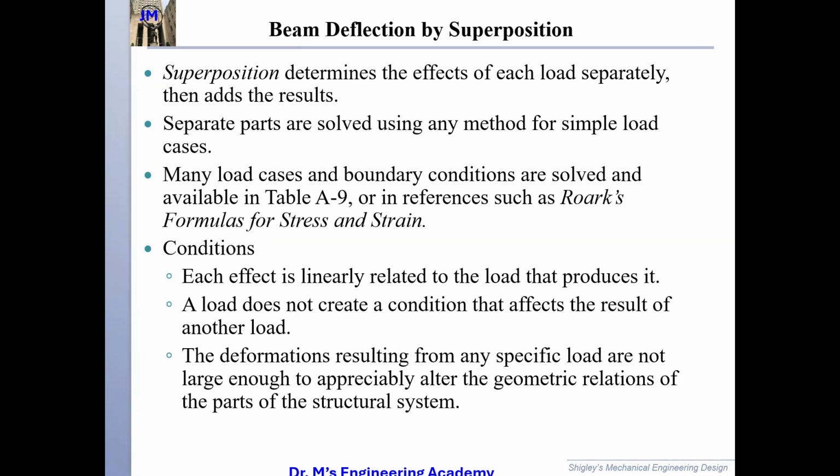So, beam deflection by superposition. Have you guys ever heard of superposition? The principle of superposition means that if we have several loads, for each of these loads we have a solution. Solution means deflection, stress, right?